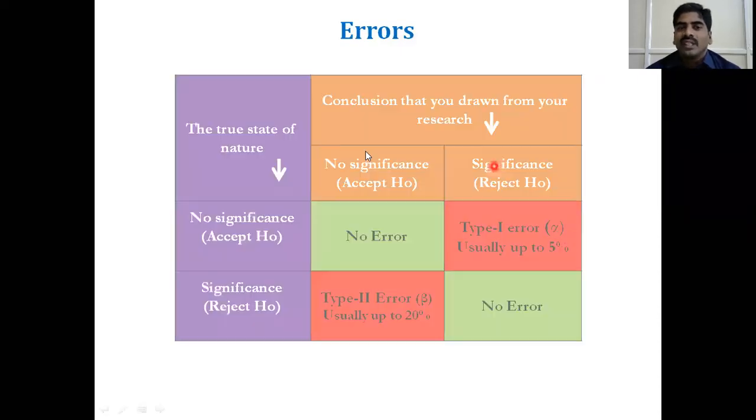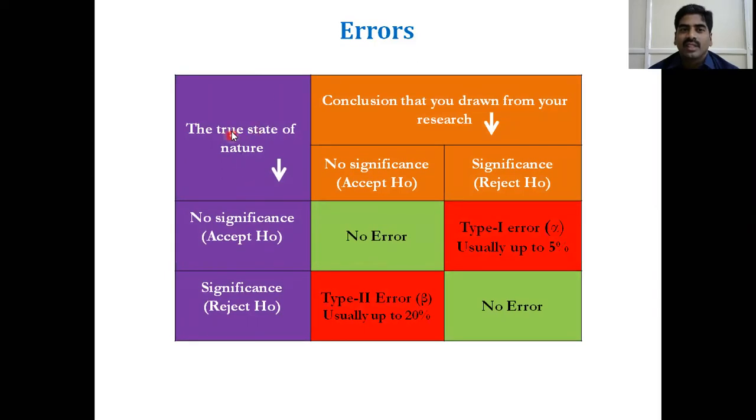I will explain. Here, this is the true state of nature, and this is the conclusion that you drew from your study. If from your research you proved no significance, and naturally also there is no significance, then there is no problem.